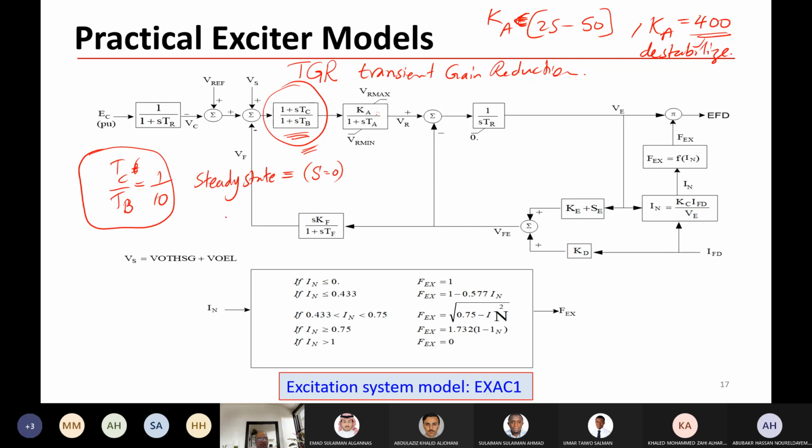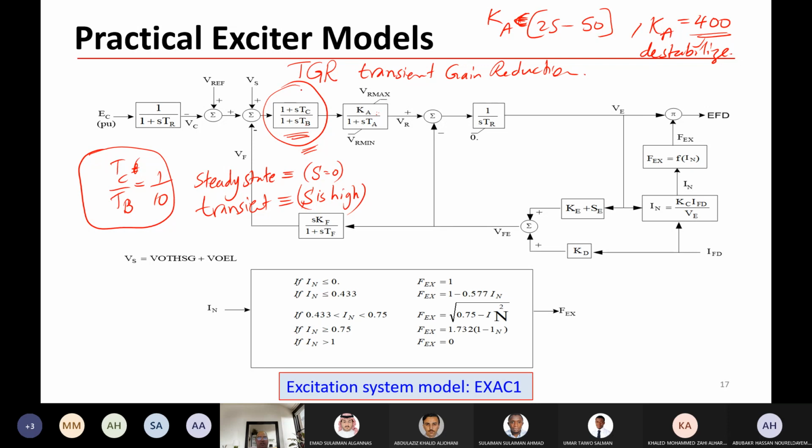But when we have a transient, it means S is high. We have high frequency. If S is high, then this one can be eliminated, and this is equal to 10, 20, or whatever. So in this case, you can neglect this one, and this S will cancel with this S. So we have TC over TB.